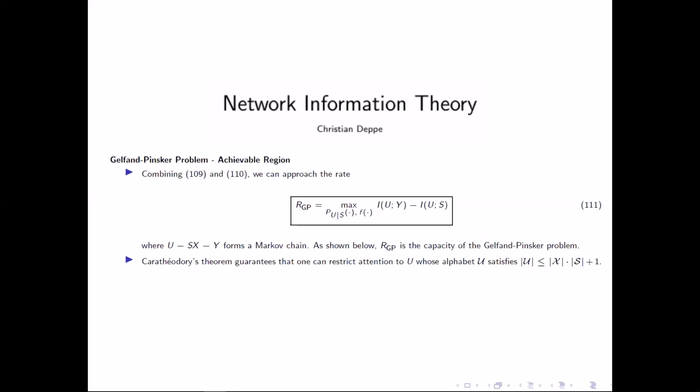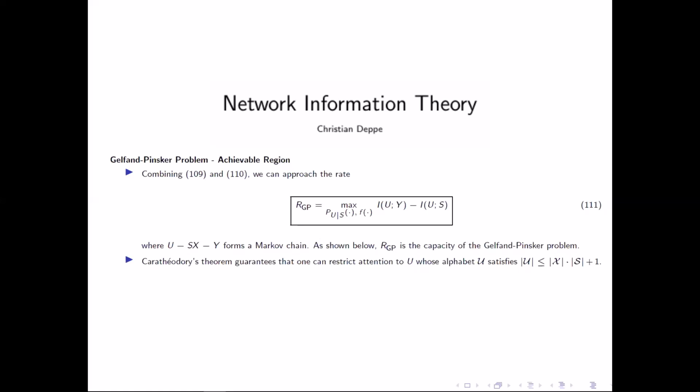So we know we can send messages over the channel with this rate R_G, which is the maximum over all channels from S to U, these auxiliary channels, and all functions, such that the mutual information between U and Y minus the mutual information between U and S is maximized, where U, S, X, and Y form the Markov chain. And R_G is called the capacity of the Gelfand-Pinsker problem.